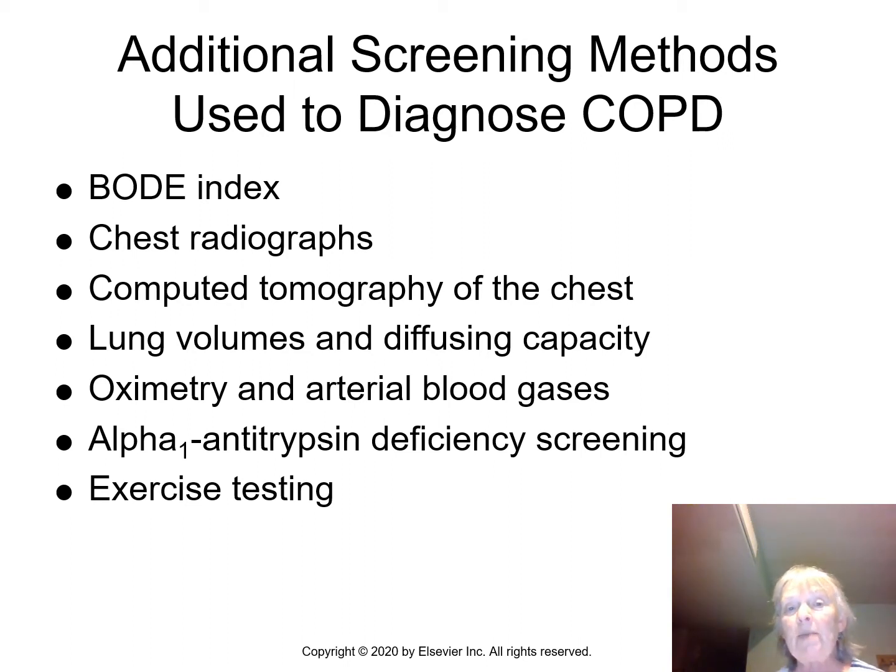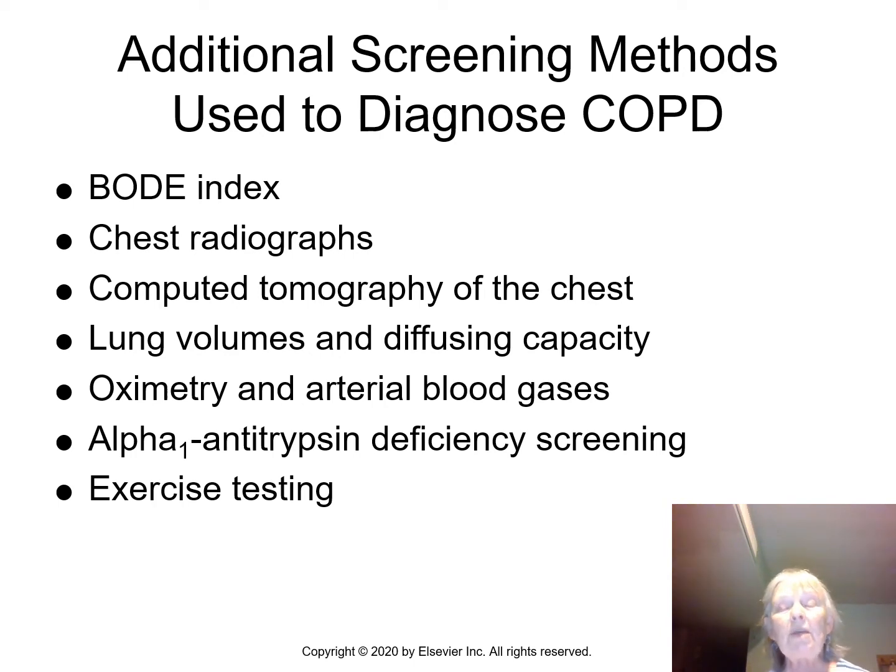It looks at your body mass index, your airflow obstruction, that's your FEV1. It looks to rate for dyspnea, how dyspneic do you get, and then exercise capacity. And then once you rate all of these, then there's a chart. And when you look at this chart it says, another couple of years here, perhaps. Or hey, you seem to be doing pretty good, so make sure you take good care of yourself.